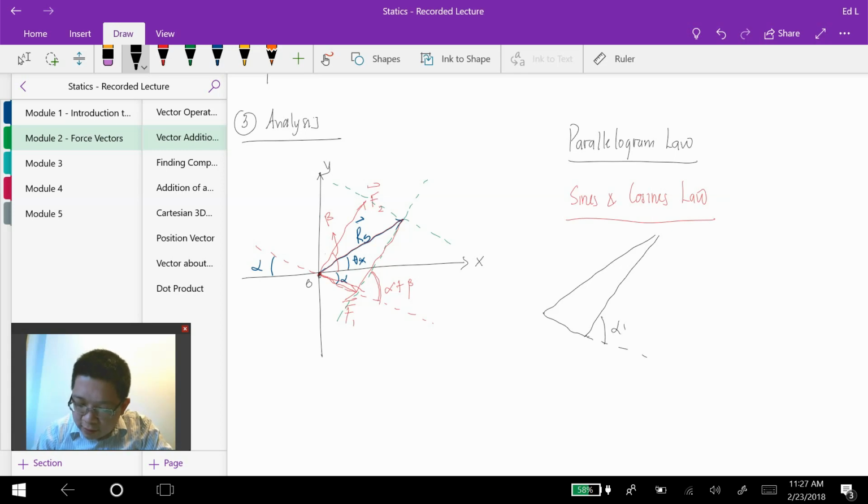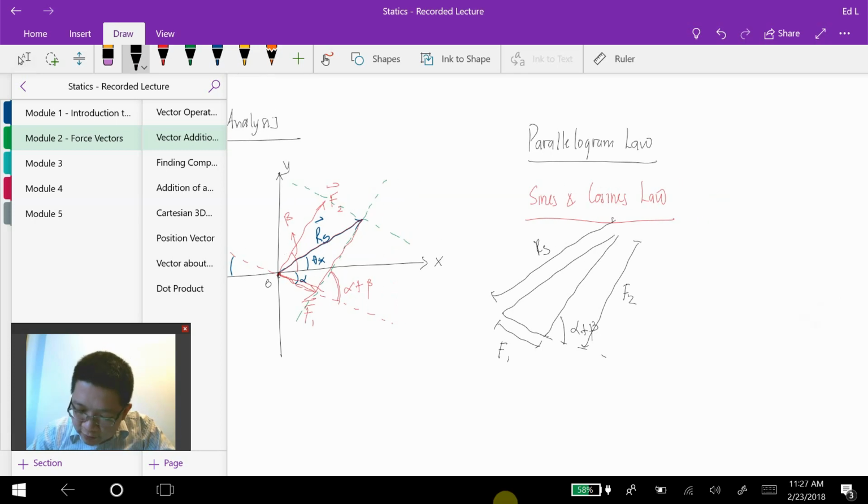And this is alpha plus beta, and the length in here is F1. This length right there is F2. And this length right here is Rs. All right, so I know this is alpha plus beta, then I know this angle right here is 180 minus alpha plus beta.